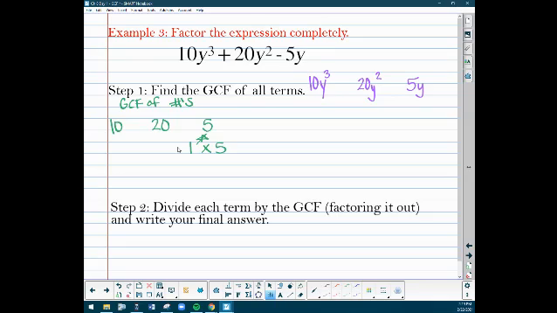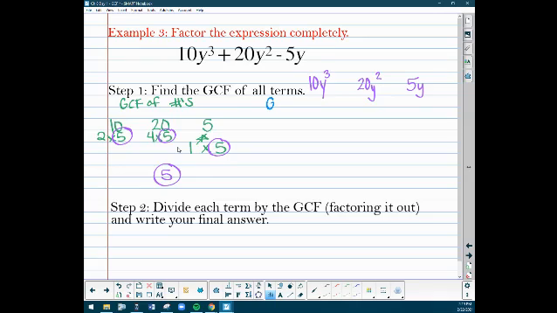So those are really my only 2 options for GCF. Okay, well, I know 10 is 2 times 5 and 20 is 4 times 5. So 5 goes into all 3. Okay, so the GCF of my numbers is 5.